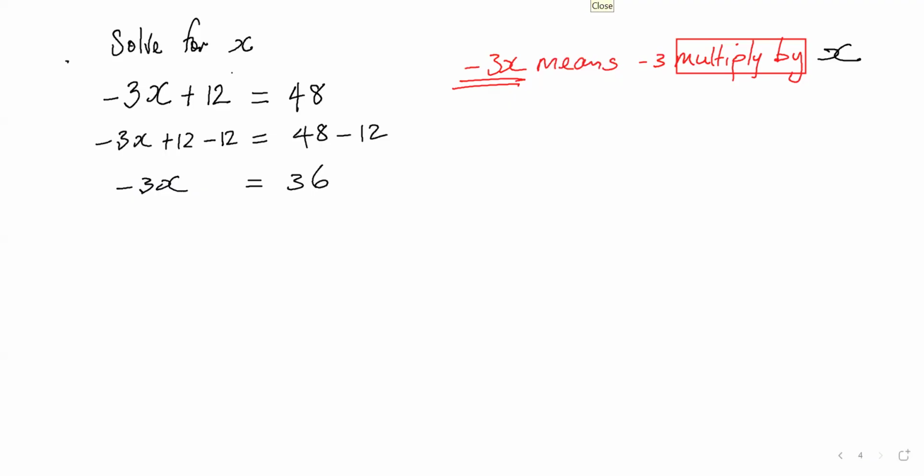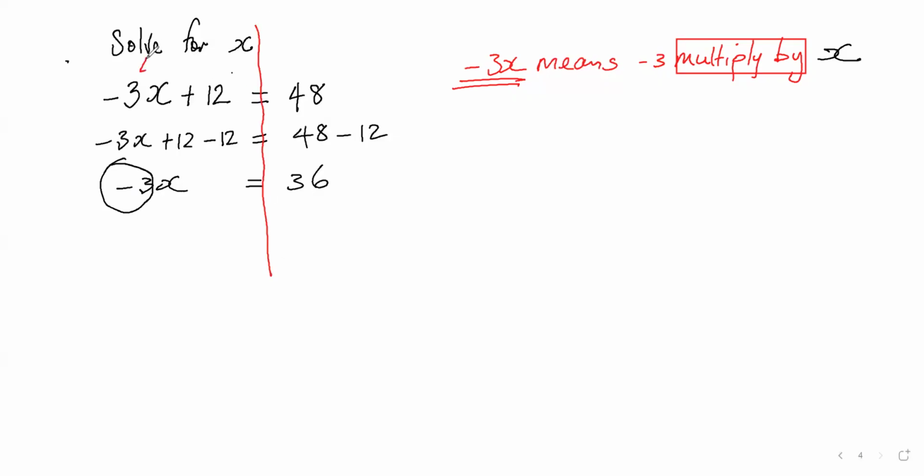To find for x, we must get rid of the negative 3.